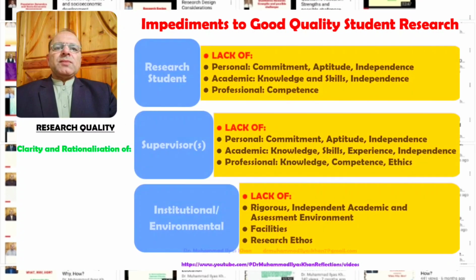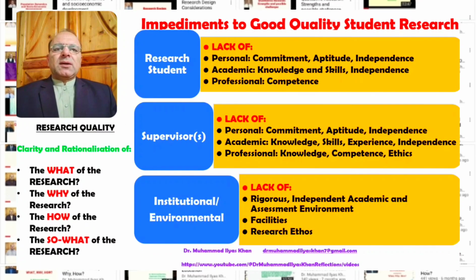So first of all, what is research quality? This is a question that first of all we need to respond to. Generally, a research will be quality research if there is clarity and rationalization of the what of the research process, or in other words, what topic has been explored, is that presented clearly and adequately.